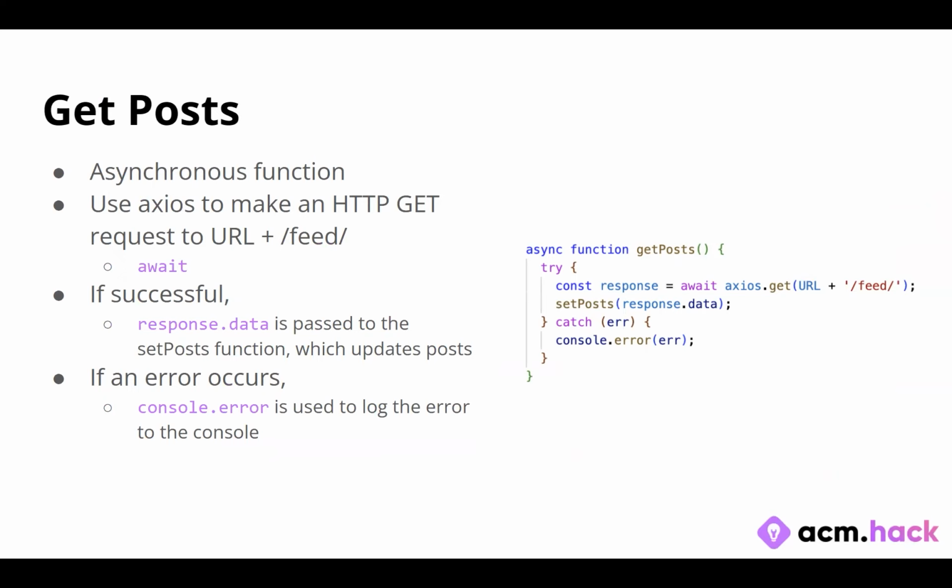Does anyone know what await is used for, or remember? Yeah, so it just waits for the response to be returned before proceeding with the code execution. And if it's successful, then response.data is passed to the setPost function, which updates the post. And if an error occurs, console.error is used to log the error to the console.